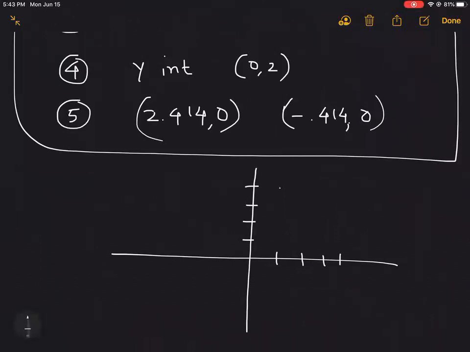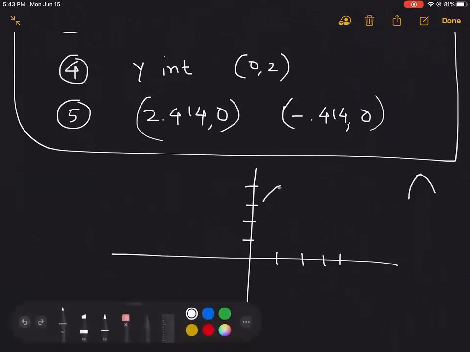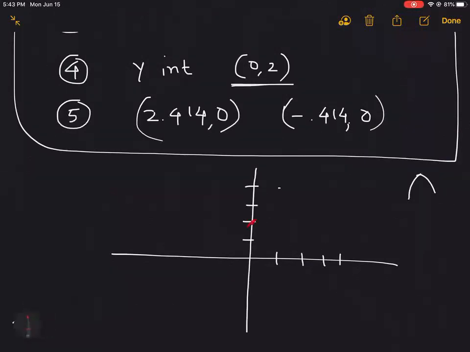That should be our 1, 4, right? As this is concave down, I know this graph will look like this, so this graph will actually go to the downward side. Let me erase this and do it precisely. We also know that we have the y-intercept at 0, 2. That's our 0, 2, so this will definitely go through that point, right?